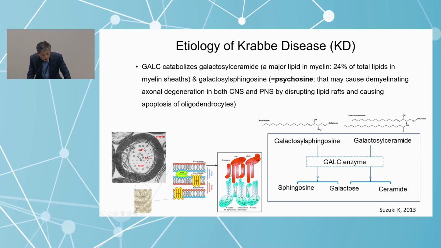Normally, GALC catabolizes galactosylceramide and galactosylsphingosine to generate galactose with sphingosine and ceramide. Galactosylceramide is a major lipid in the myelin sheath.